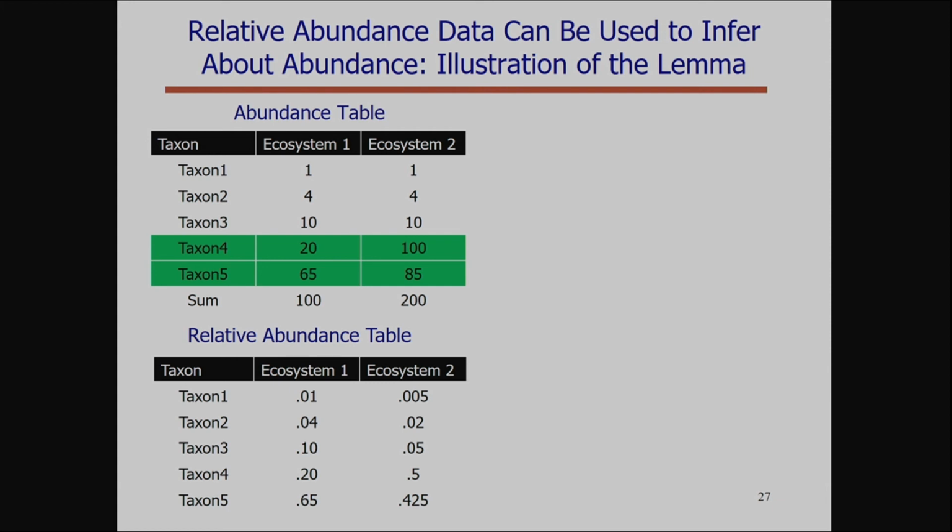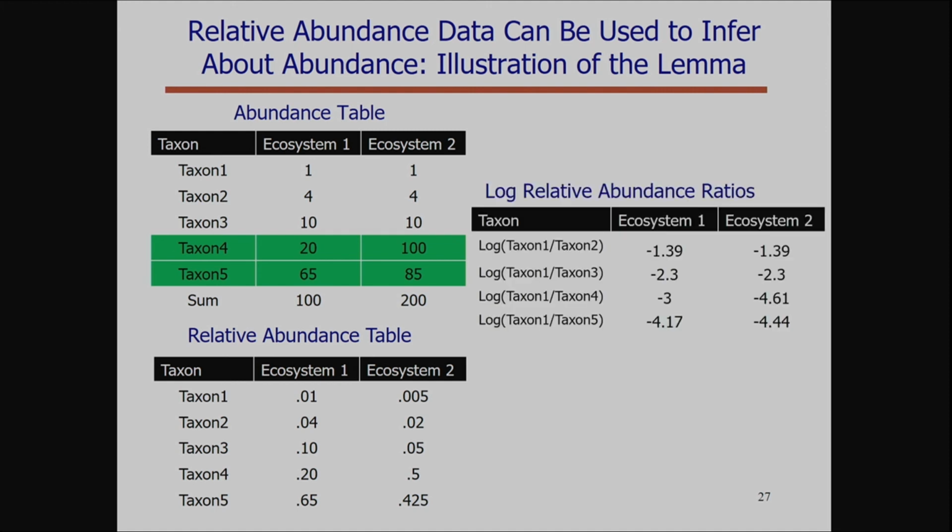According to the method I just described, I need to compute relative abundances. So let's start with taxon 1. I'm looking at the log ratio of taxon 1 with respect to taxon 2, the log ratio of taxon 1 with respect to taxon 3, with 4 and with 5, and I do it for both ecosystems. When I do that, what you see is that only 2 of those log ratios are different, the other 2 log ratios are not different.